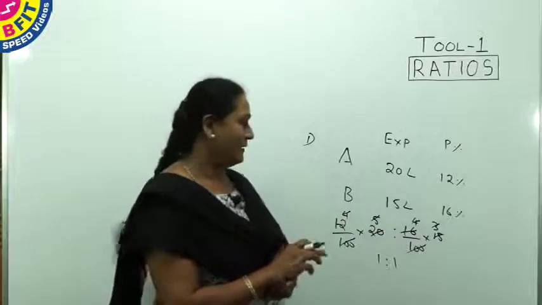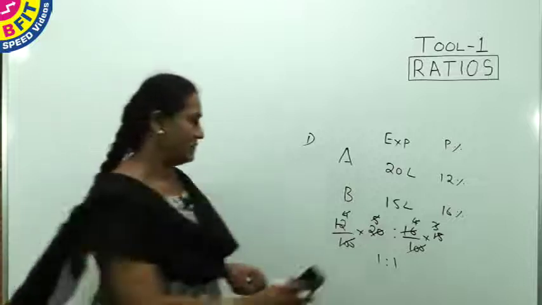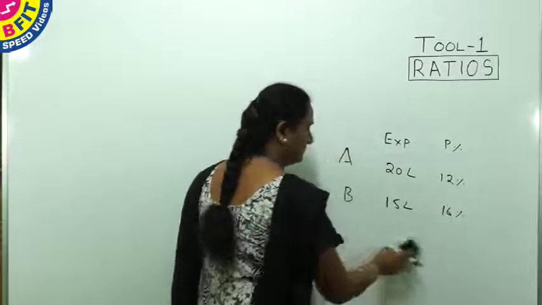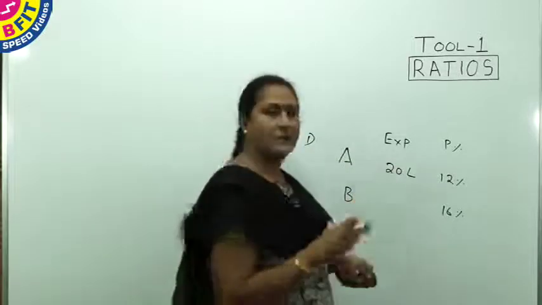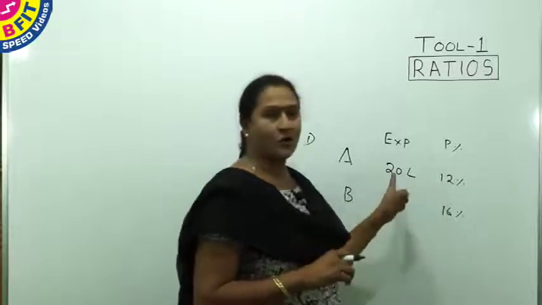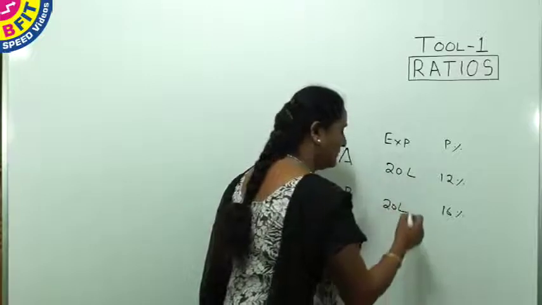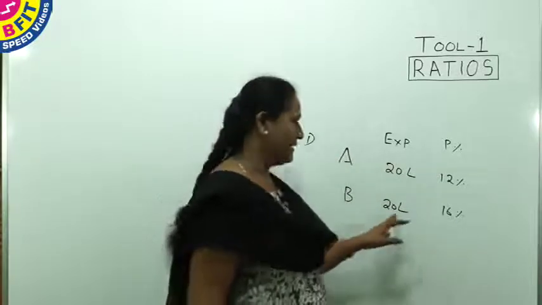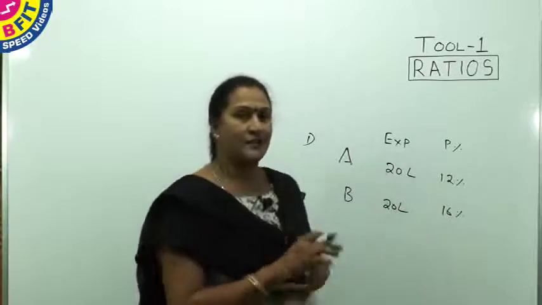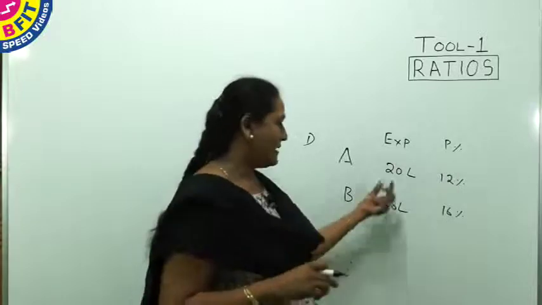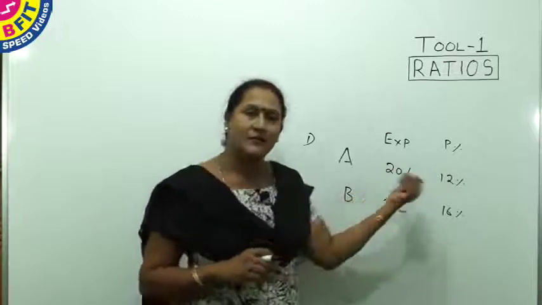Now, if the expenditures are the same, how do we work it out? Say company A's expenditure is 20 lakhs and profit is 12% on its expenditure. For company B also, the expenditure is 20 lakhs and the profit percent is 16% on its expenditure. What will be the ratio of profit for A and B? Here, as 20 lakhs is common, it gets cancelled. No need to multiply 12% of 20.